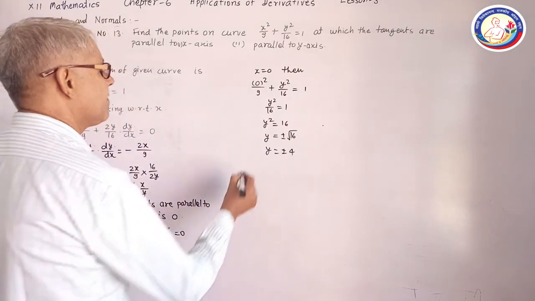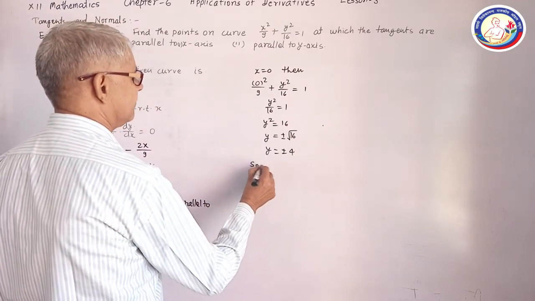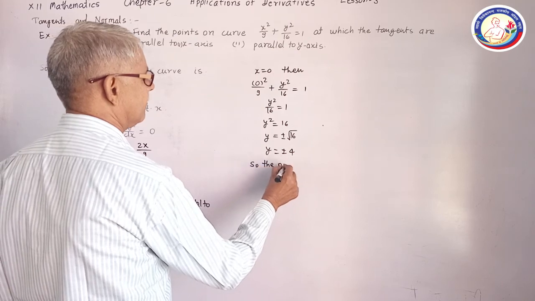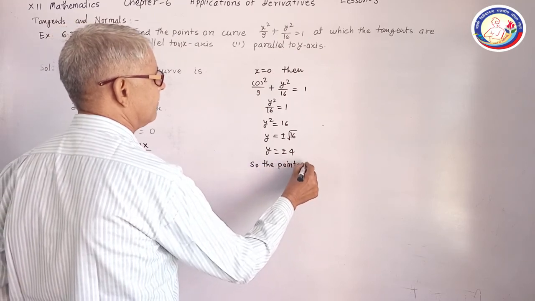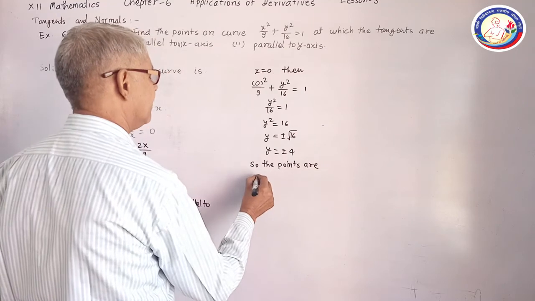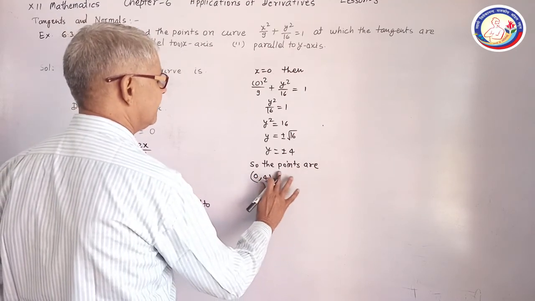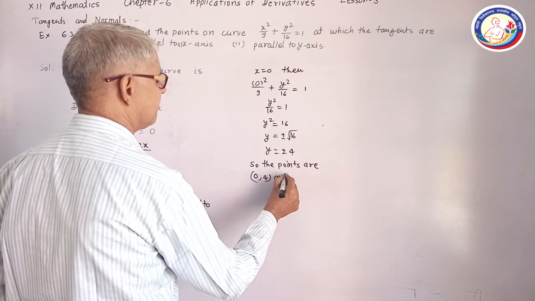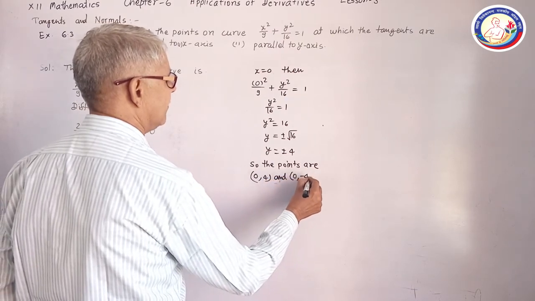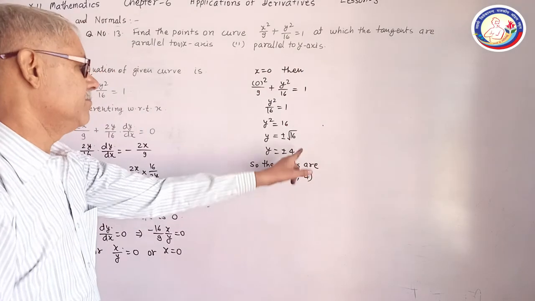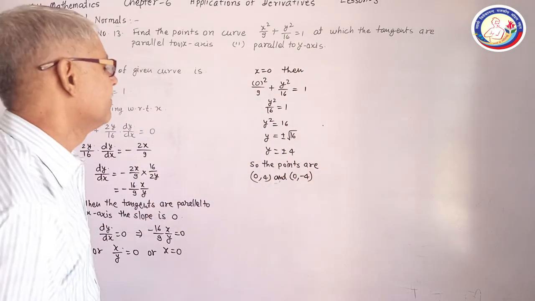So the points are (0, 4) and (0, minus 4). There will be two values of y for x equal to 0.